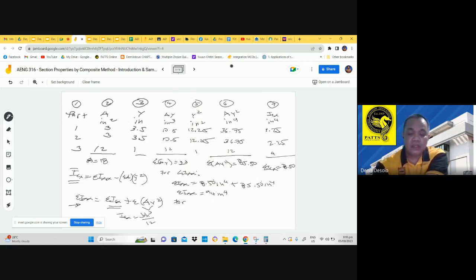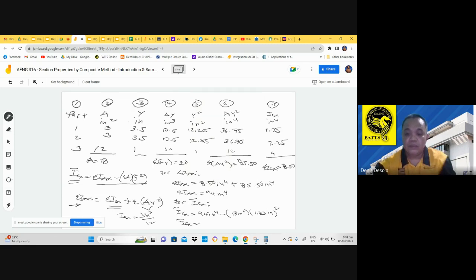Now, for the second time that we're going to use the transfer formula, that is for the required moment of inertia about the centroidal x, this is the formula. I c sub x equals the summation of I x x, which we already solved to be 94 inch to the fourth, minus the total area, which is 18 square inch, times the computed centroid or y bar, 1.83 above the x-axis, squared.